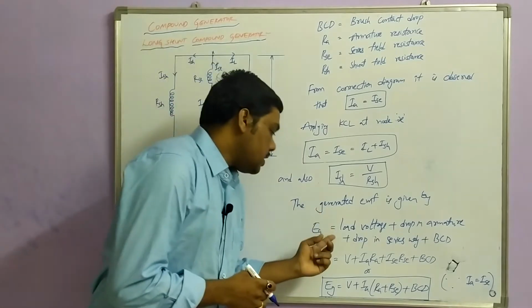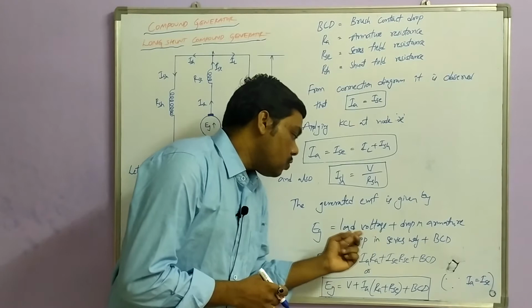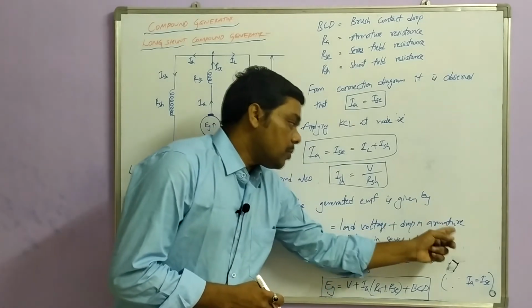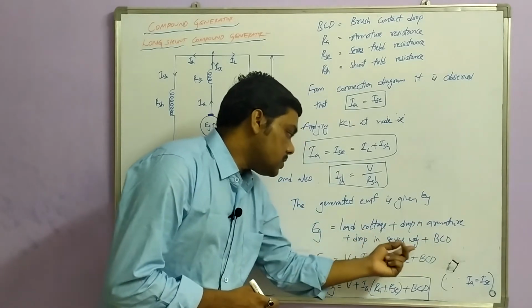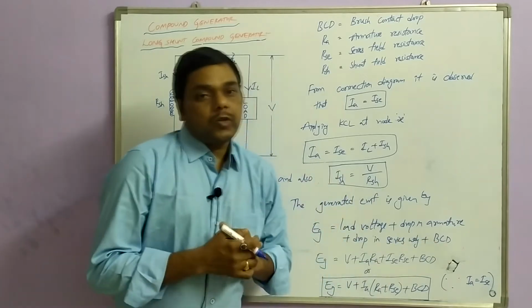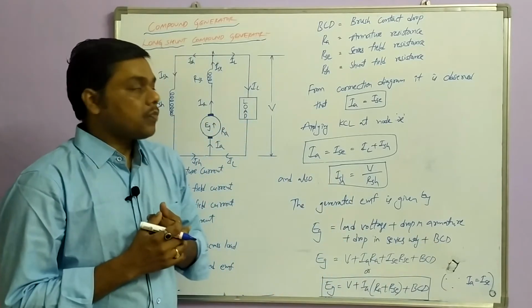So the generated EMF is equal to the load voltage plus the drop in armature plus the drop in series winding plus the brush contact drop.